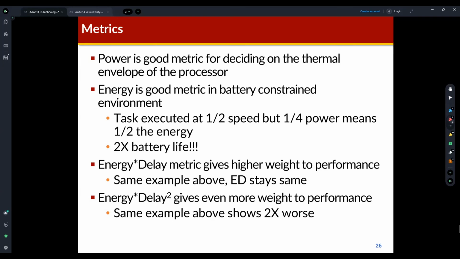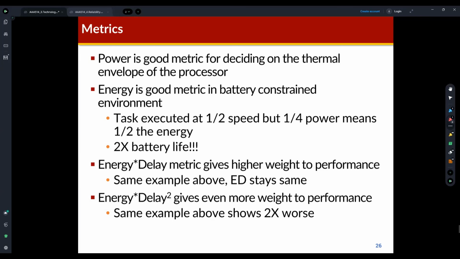The main purpose of a new idea is to increase the performance first, but we need to also consider the cost of this idea. Which means in your architecture paper, you need to also include some estimated results of power consumption and energy consumption, because this is the cost.